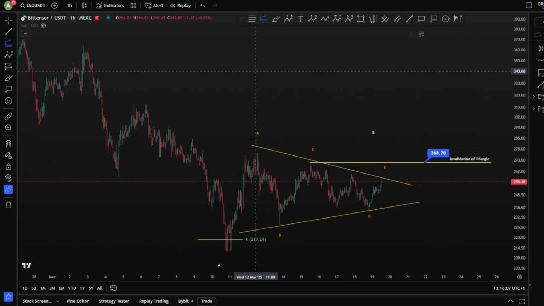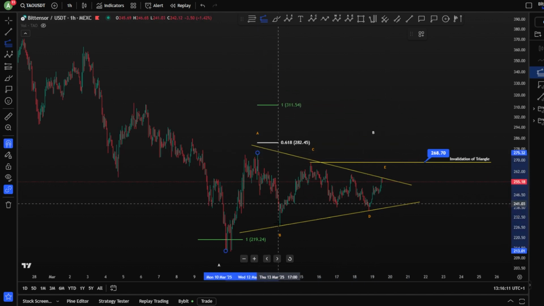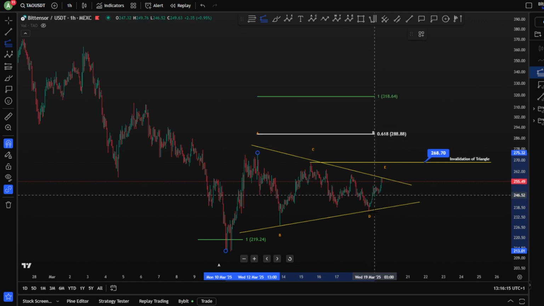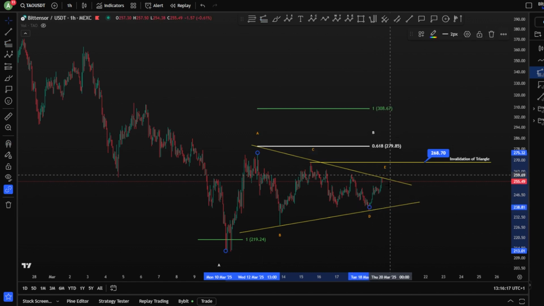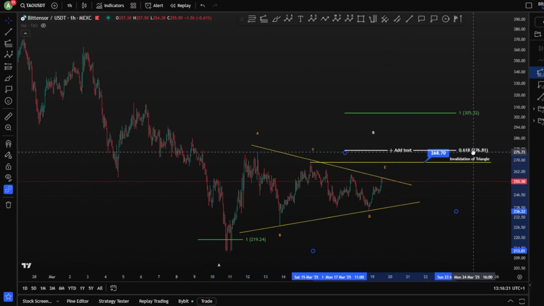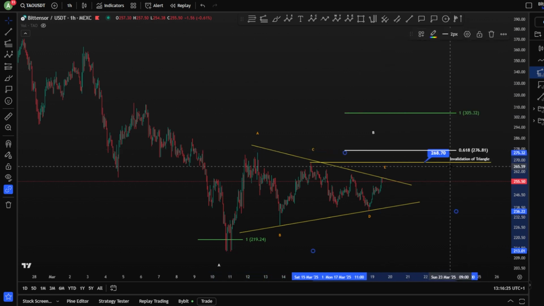And what are the possibilities for bullish? I would say the possibility for bullish is, of course, when we hit higher than this fib level. Here we go. The 1-to-1 fib level, that you would like to, of course, run away from. Running flat, wave C, sorry.